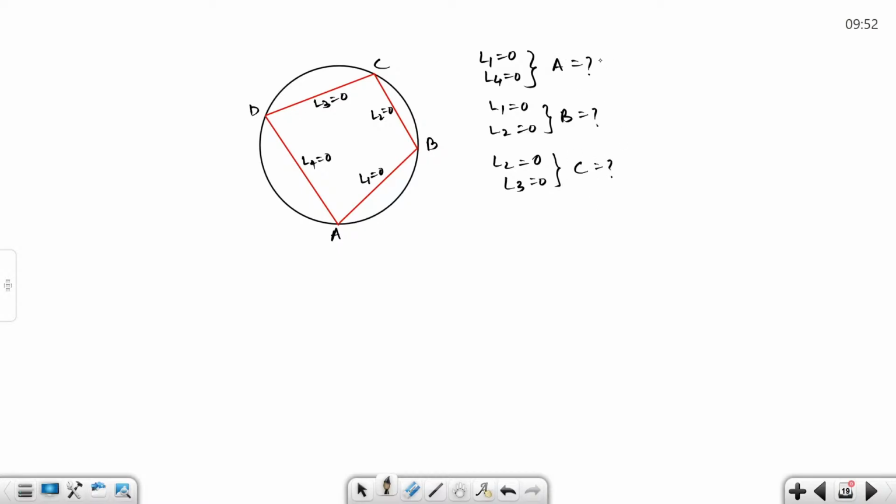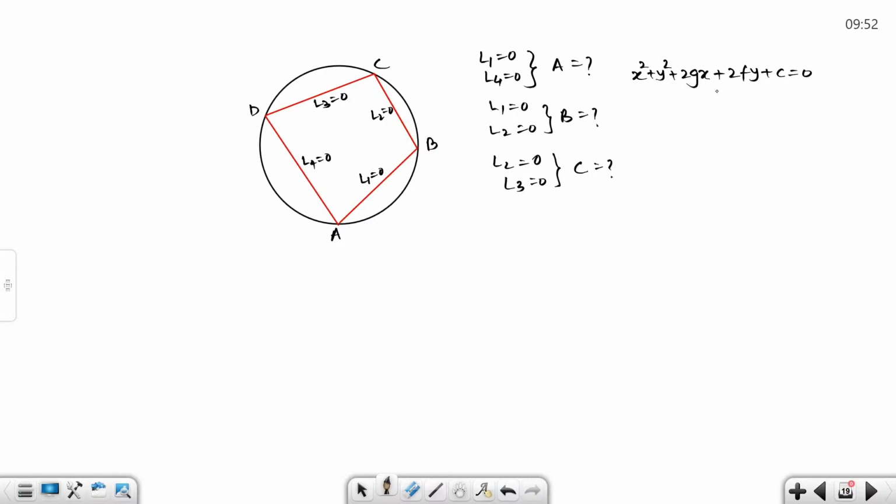The moment I have three points on the circumference of the circle, we can easily find the equation of the circle. We will assume the equation of the circle to be the general form.